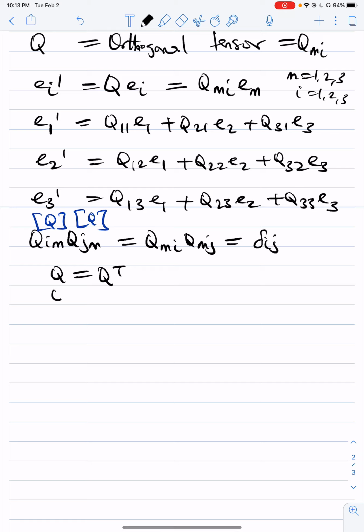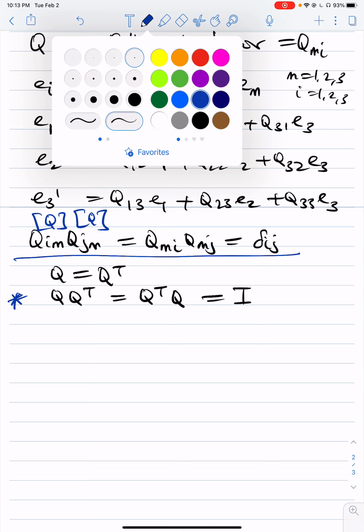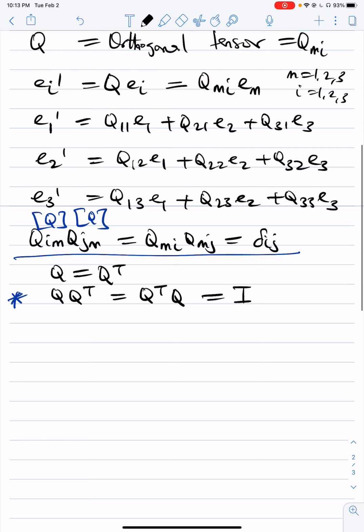So with that, we understand that Q transpose Q is equal to the identity. Basically, these expressions are what you can get here. I hope that makes sense.